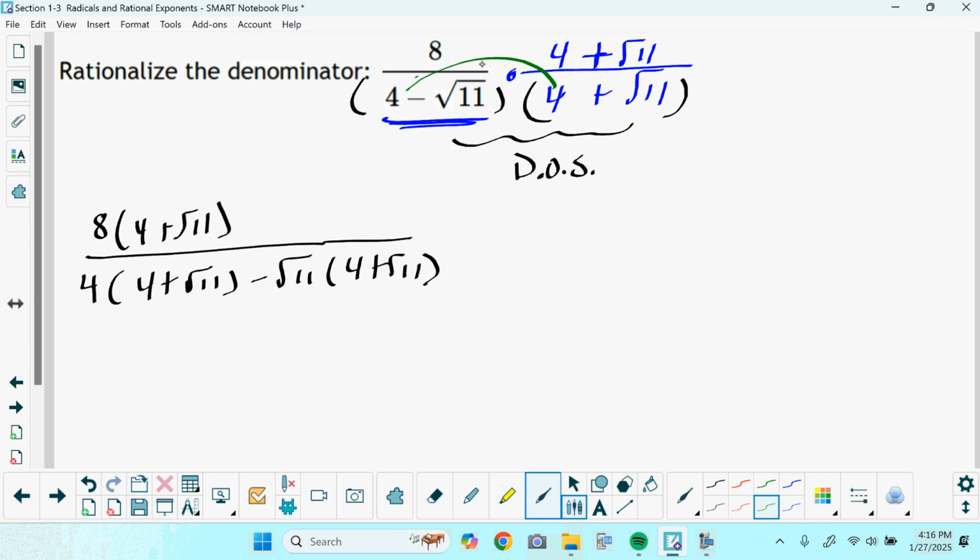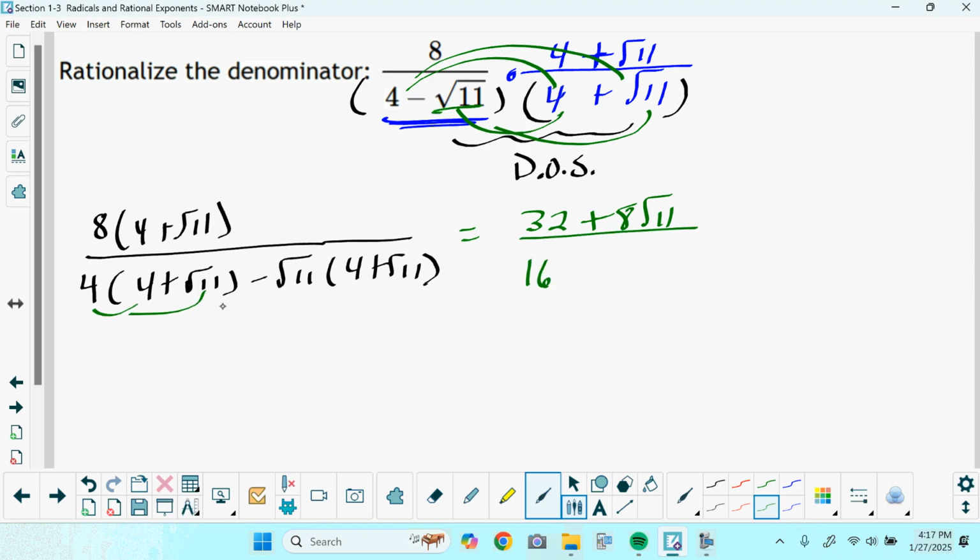It's FOIL, right? So we've got 32 plus 8 square root of 11 on the top, and this is 16, and this is plus 4 square root of 11. Remember, outside to outside, 4 times 1 is 4. I have no inside, so I've got a number and a radical, and we just bring them together.